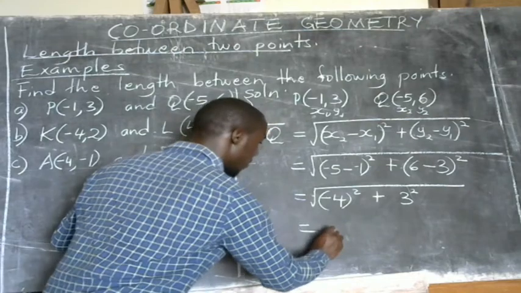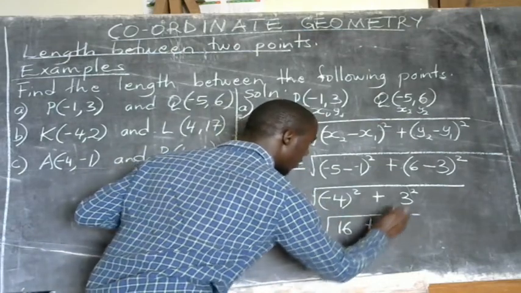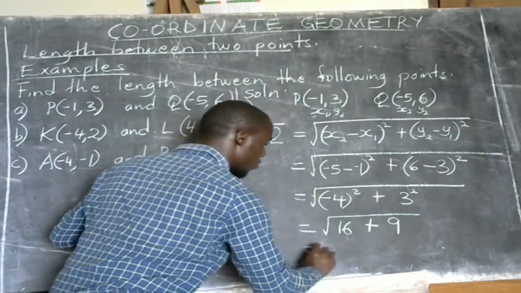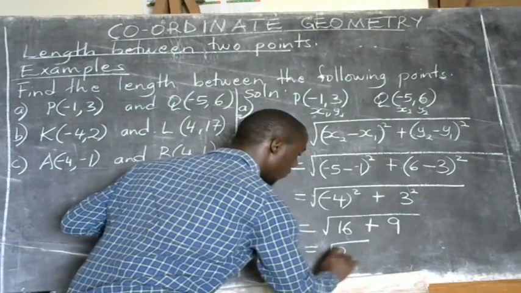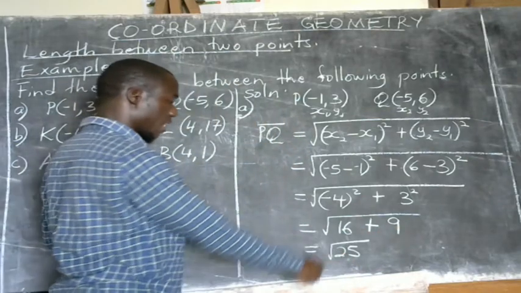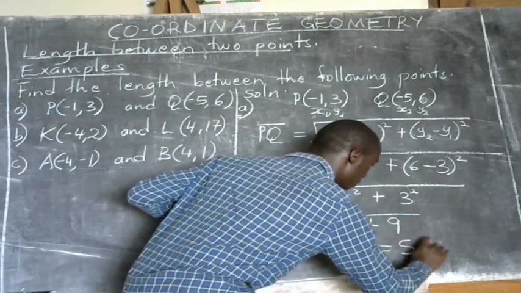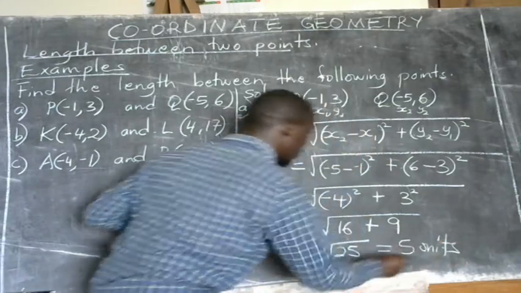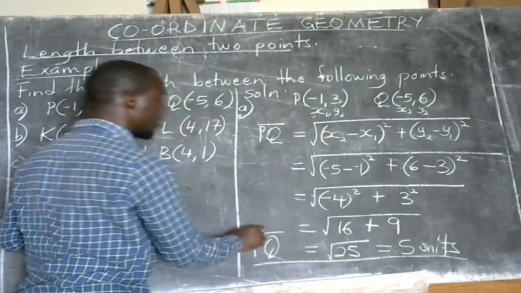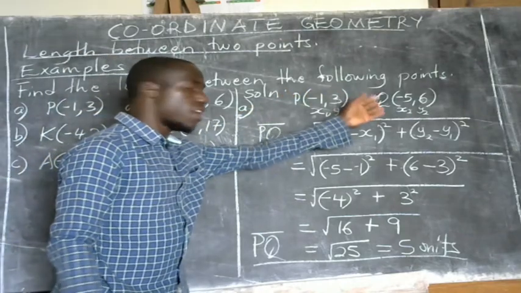When I square 4, I have 16. When I square 3, I have 9. So this is the square root of, when I add that and that, 25, and the root of 25 is equal to 5 units. So that is the length between points P and Q.